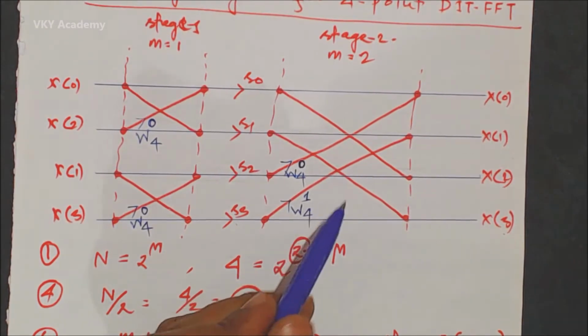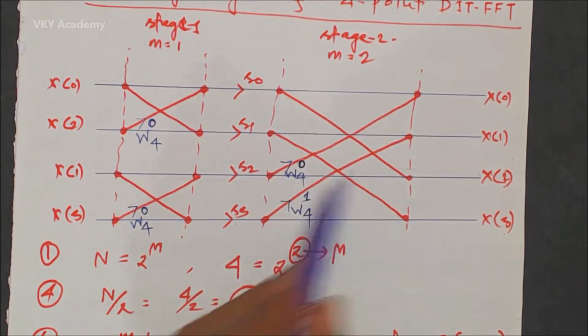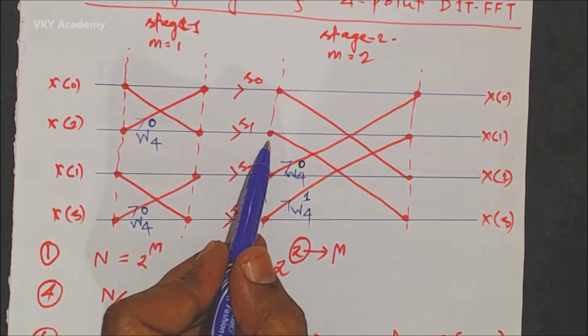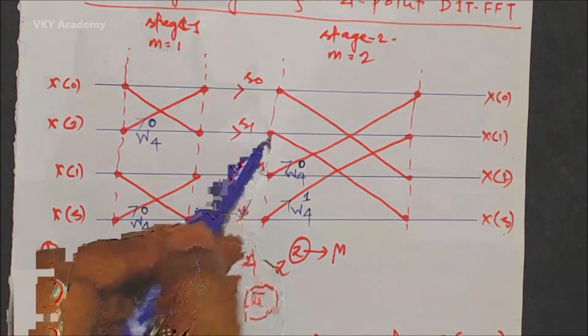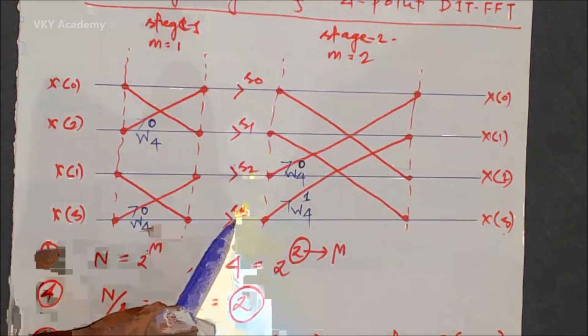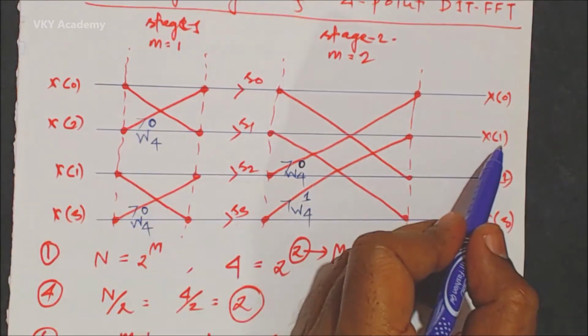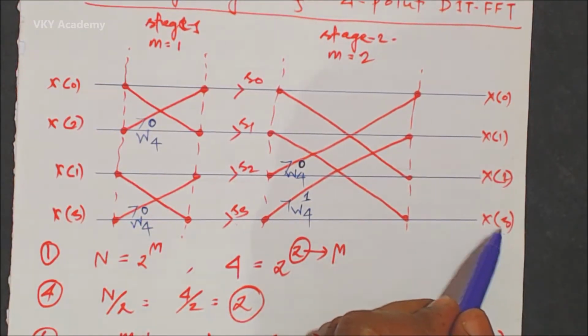Similarly, let us find out the output for the second butterfly. Now as you can see here, the inputs associated with the second butterfly are S1 and S3, and the outputs are capital X1 and capital X3.